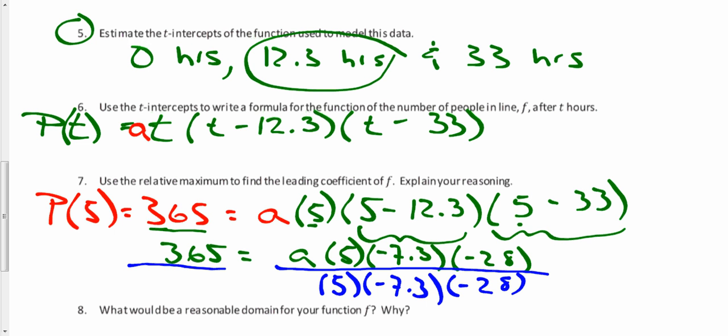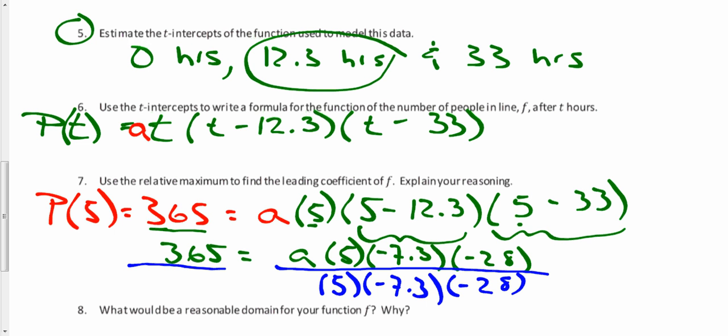Who's got a new calculator that they just got that they need to learn how to use? You already got it, Kate? Oh, you don't have the calculator, huh? 25 times 5 is 125. 125 plus 15 is 140. 140 times 7.